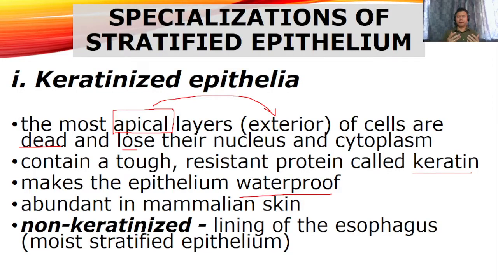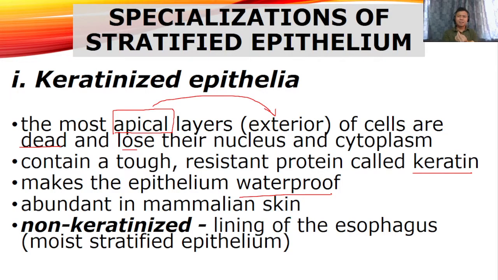Okay, if there are infections happening, or if there are possible bacteria clinging in our dead cells, as we take a bath or as we clean ourselves or as we move, those dead cells will just peel off.